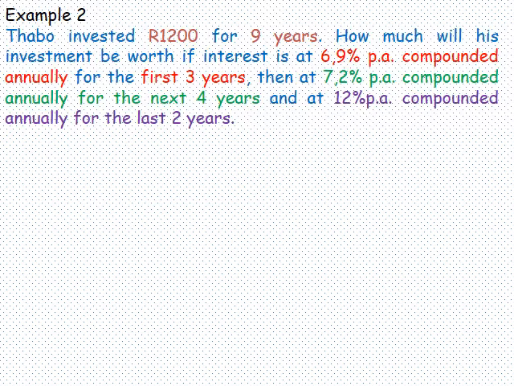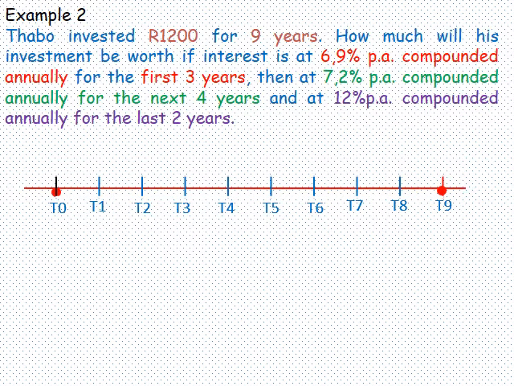How much will his investment be worth if the interest is 6.9% compounded annually for the first 3 years, then 7.2% for the next 4 years, and then 12% for the last 2 years? If you add 3 years, 4 years, and 2 years together, you'll see that it does indeed make a total of 9 years.